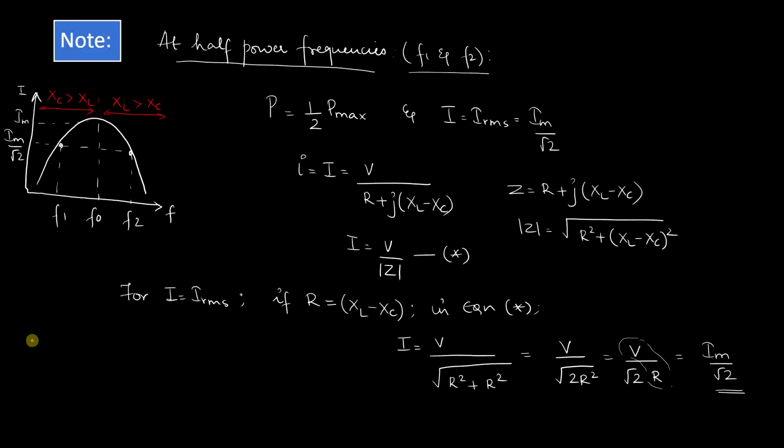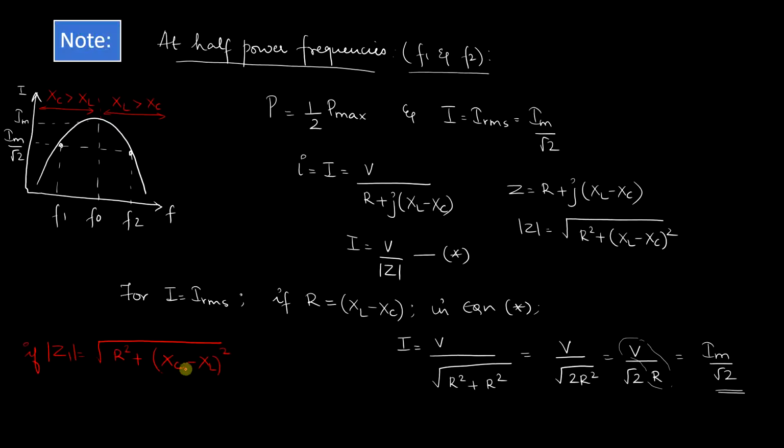If I consider Z1 to be the impedance in this region, then at frequency F1 I can represent the magnitude of this impedance as square root of R square plus XC minus XL the whole square.